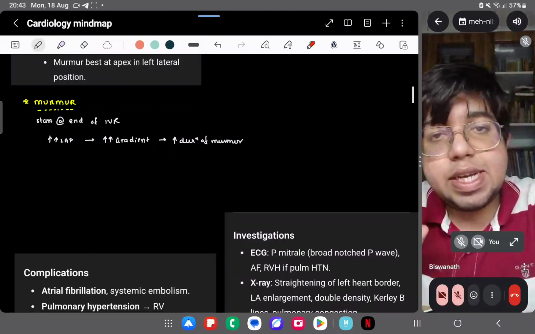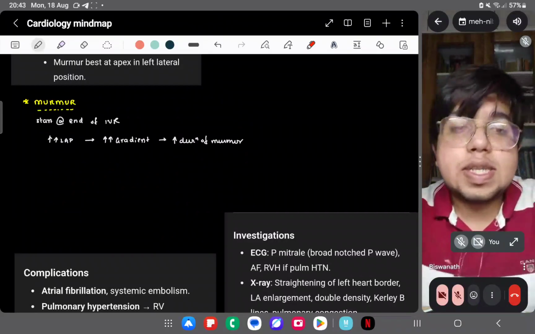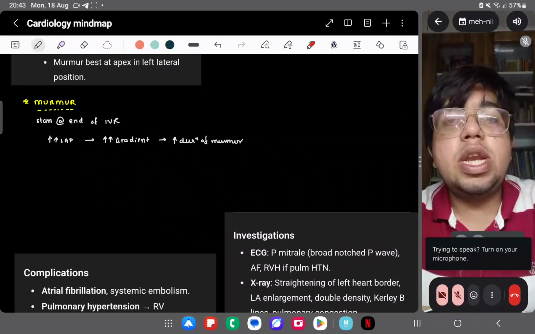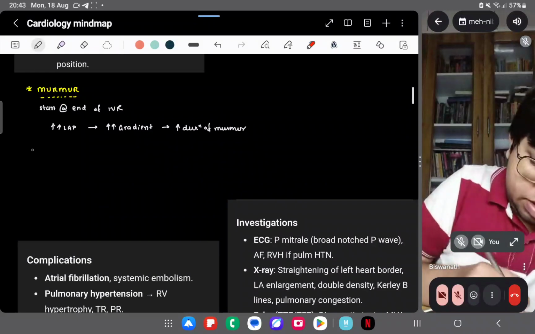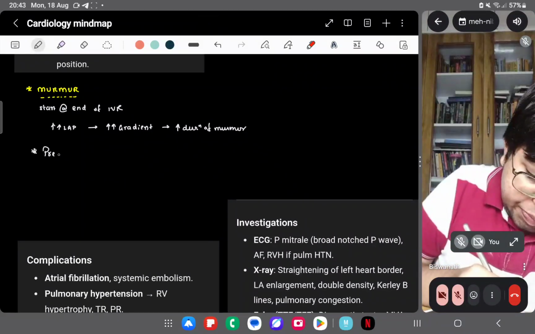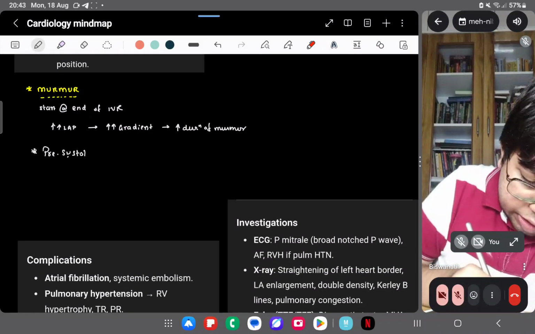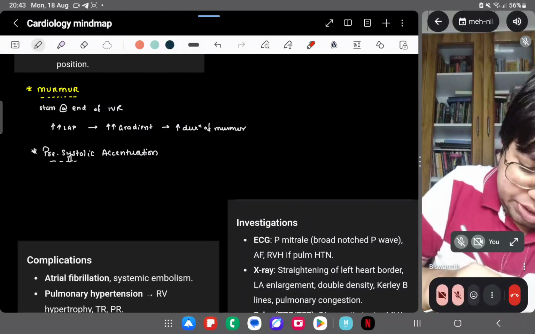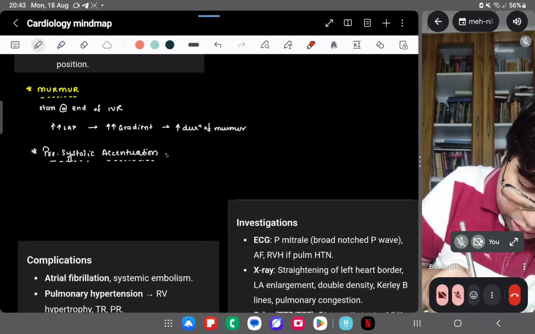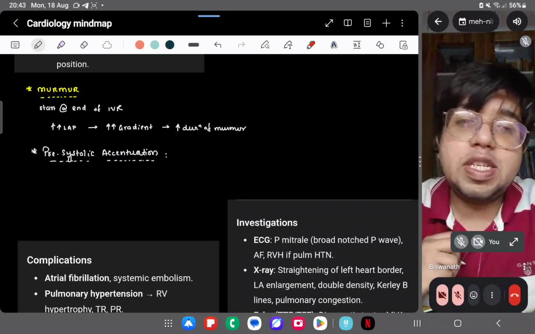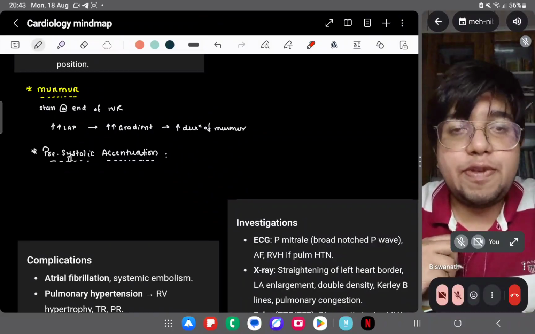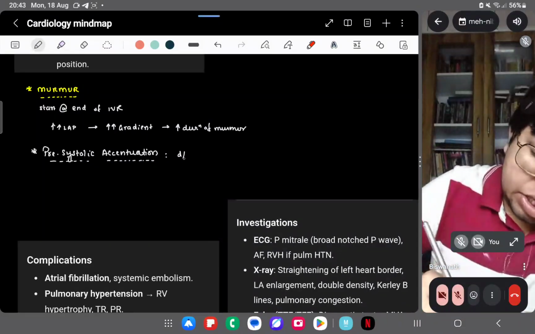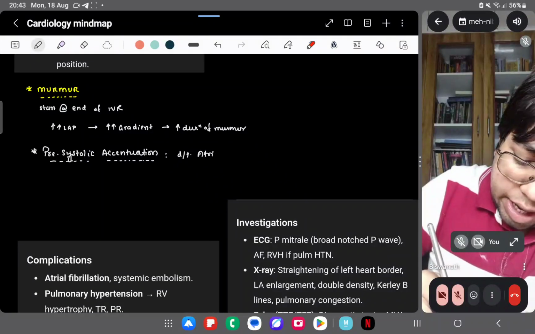Murmur is there. Then we have to talk about something called pre-systolic accentuation. What is this pre-systolic accentuation? Remember, this phenomenon is due to atrial contraction.